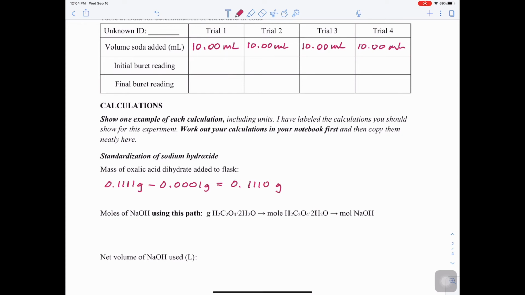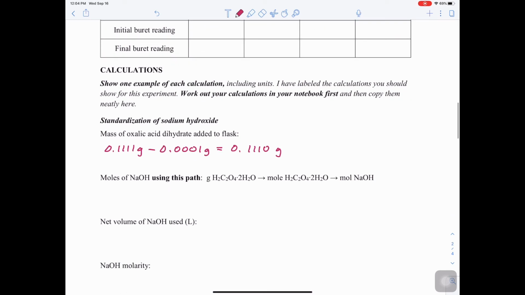It may seem a little silly. Why is she making us write that out? That's so simple. But it's important because we need to be able to show others what we subtracted to get our numbers. Because sometimes we do it correctly and sometimes we do it incorrectly. The next calculation is finding the moles of sodium hydroxide using this path.